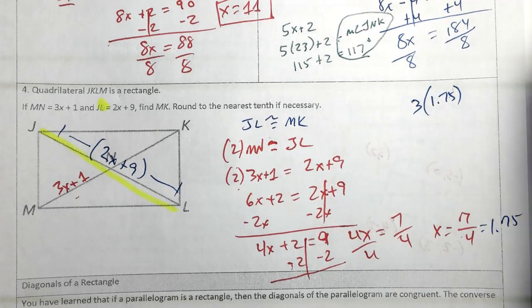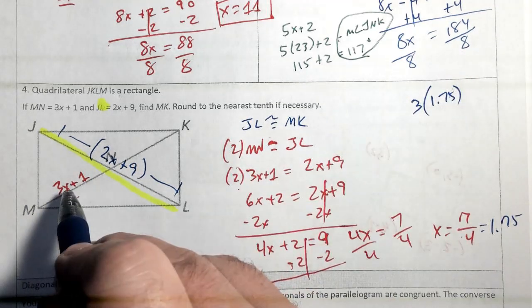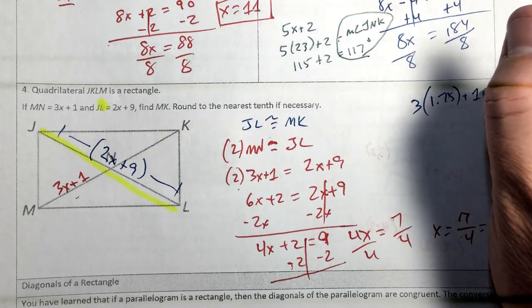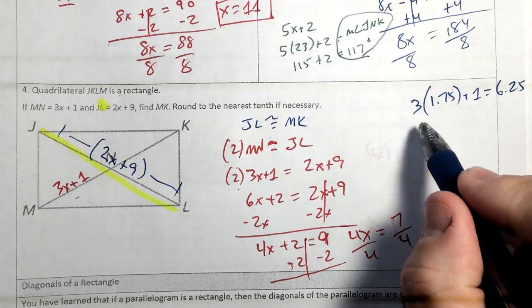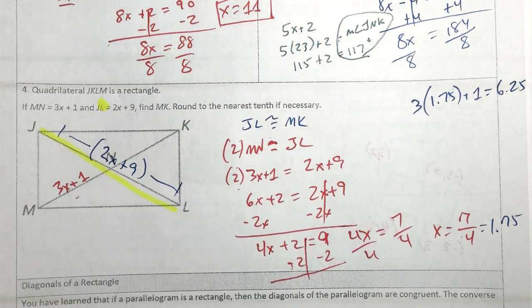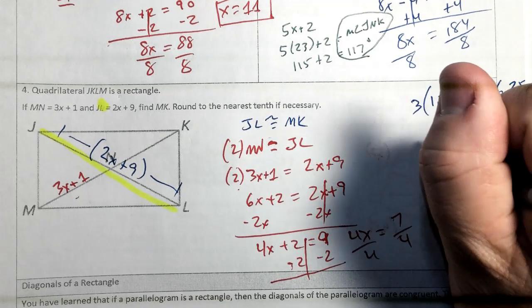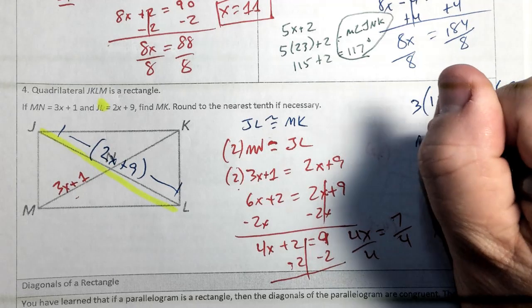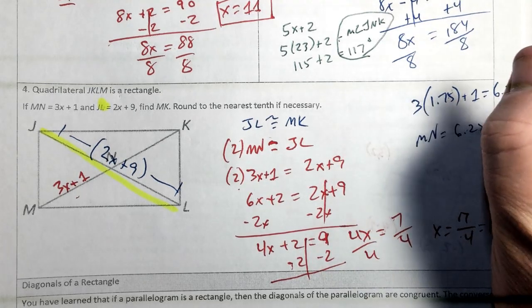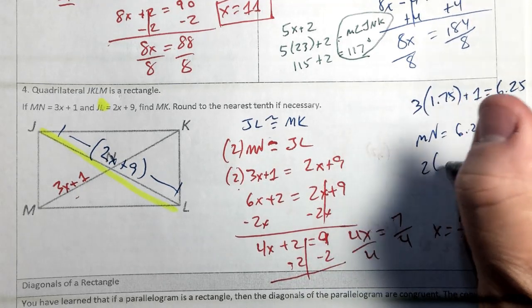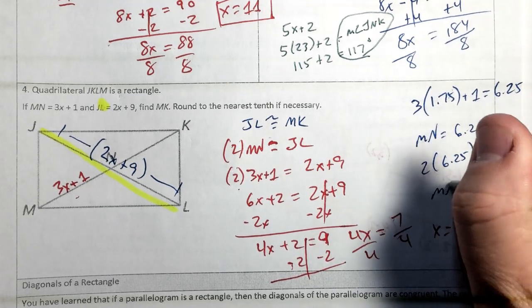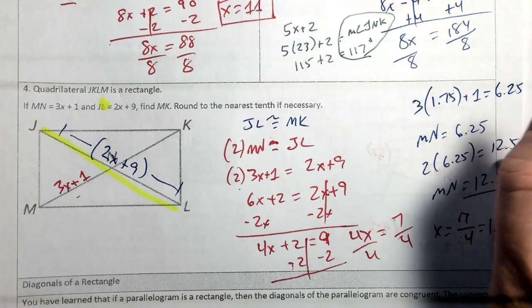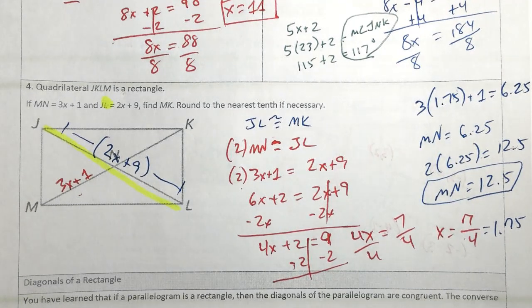Sorry, I lost my train of thought, guys. So 3x plus 1 equals 6.25. So now, this is MN. MN is 6.25. MK is 2 of that, so 2 times 6.25 is 12.5. So MK equals 12.5. Hope I didn't lose you guys in that. Sorry, it got a little squirrely there for a minute.